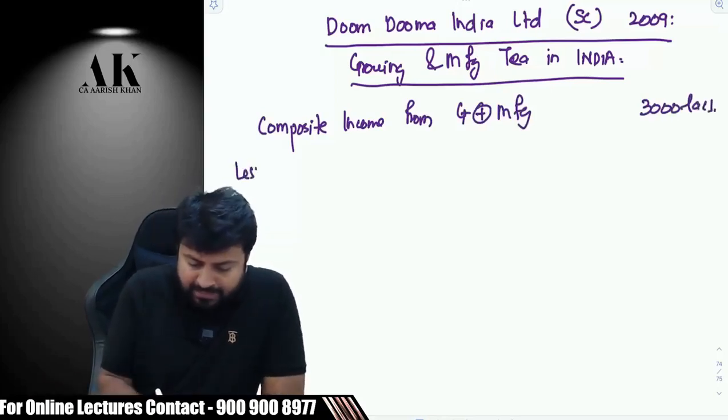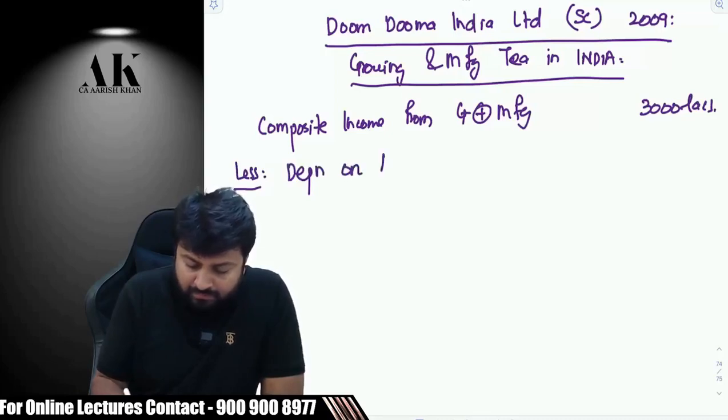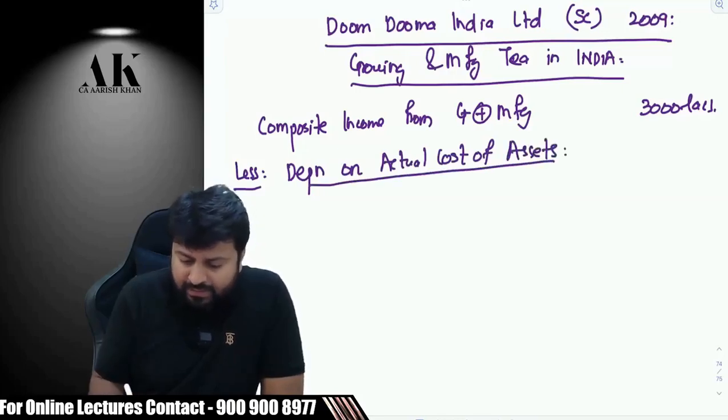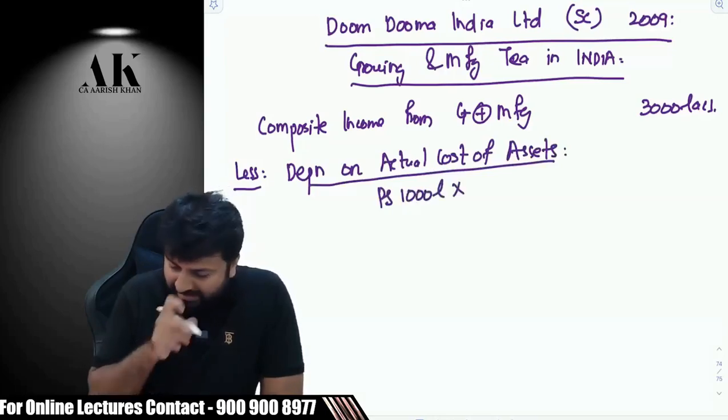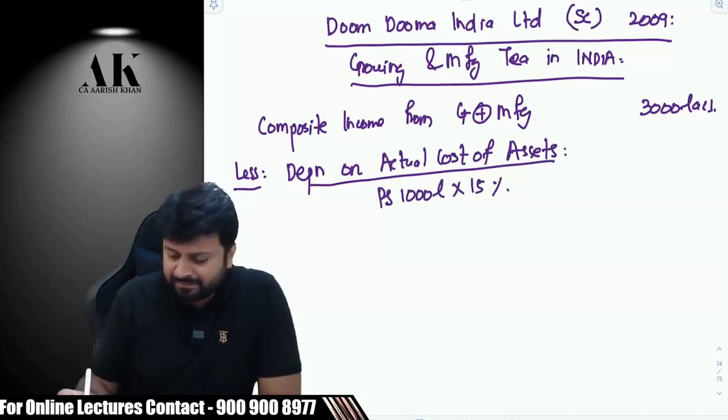Now, from that, the assessee also claimed some depreciation on the actual cost of certain assets. How much depreciation was claimed? The actual cost of the asset was 1,000 lakhs. On that, the assessee claimed 15% depreciation. It was some kind of machinery.